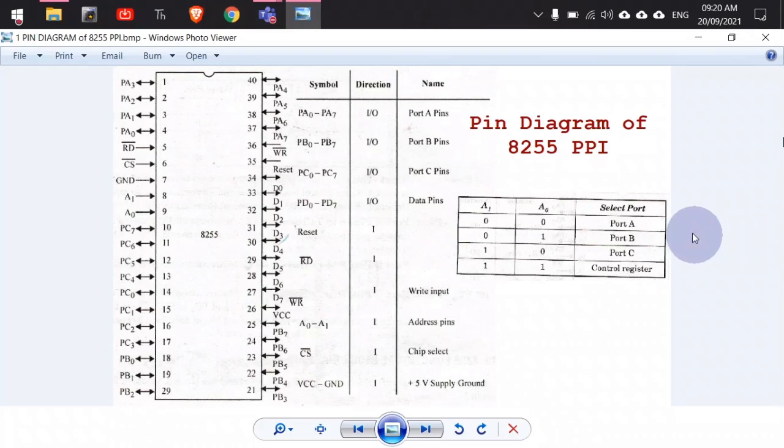Port A and port B will have half of the portion of port C. The upper portion of port C, that is 4 bits of port C, will be coupled with port A, and the lower 4 bits of port C will be coupled with port B. And why this is done, we will later come to know that this port C's bits perform the job of handshaking. You must be aware of the handshaking algorithm from your TCP IP course. Is it or is it not?